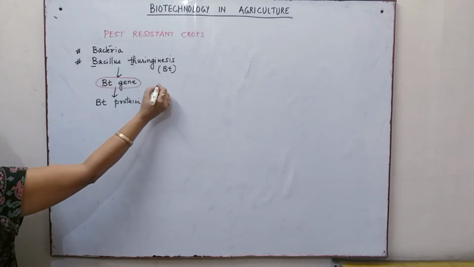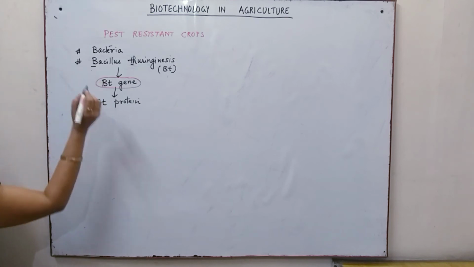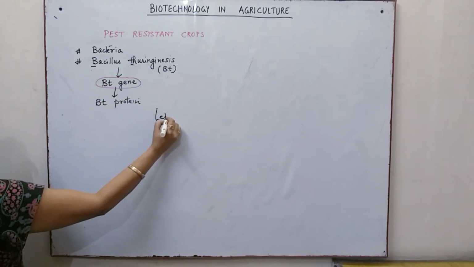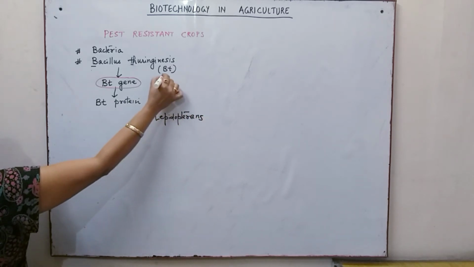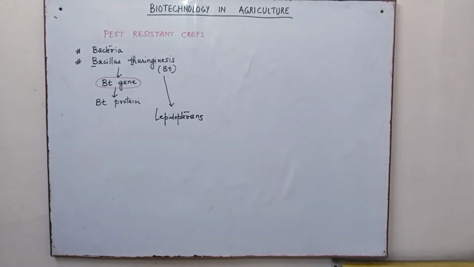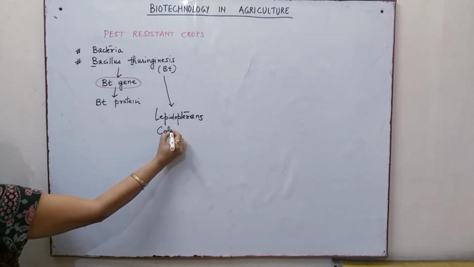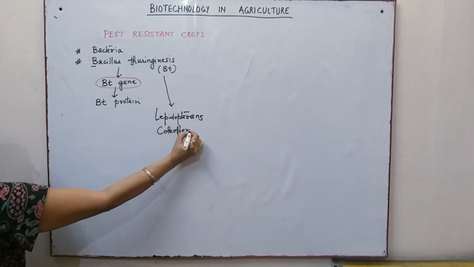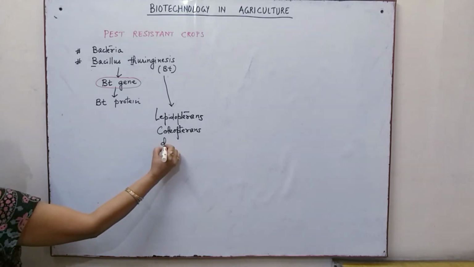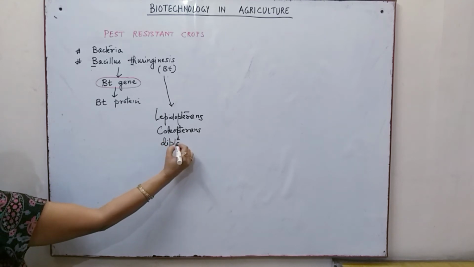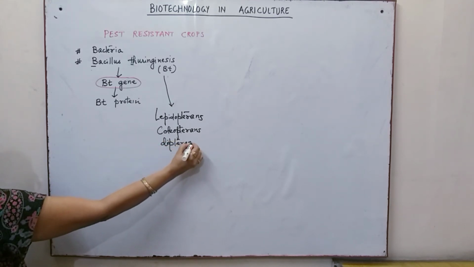It acts against lepidopterans, that is armyworm, tobacco budworm, etc. Then it also acts against coleopterans, and also dipterans, that is mosquitoes and flies.